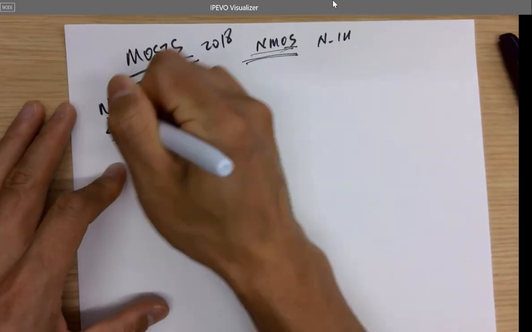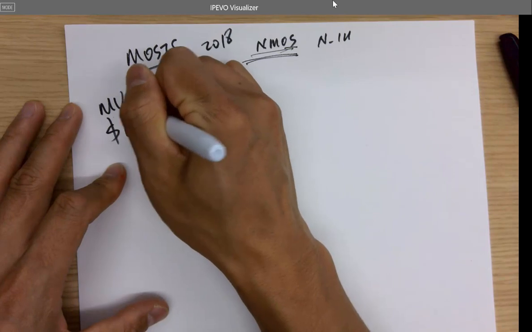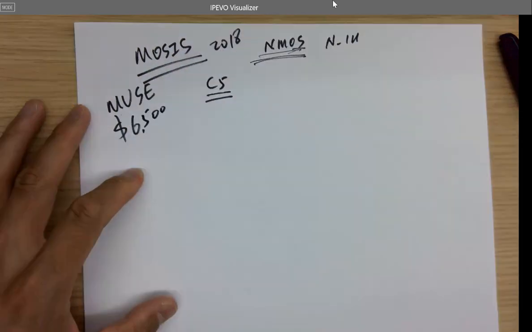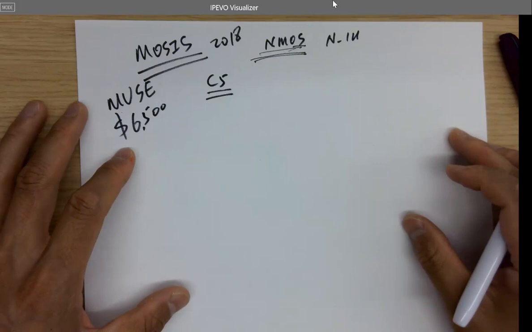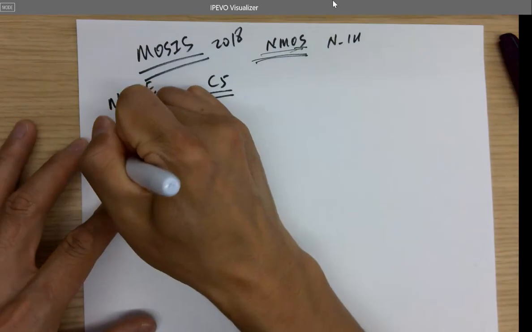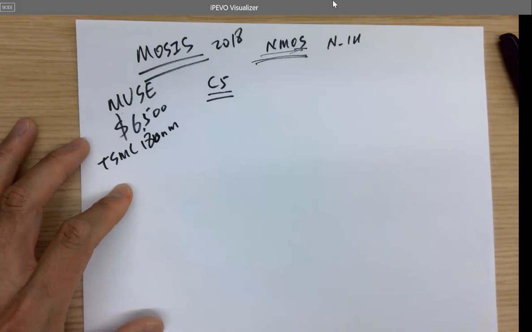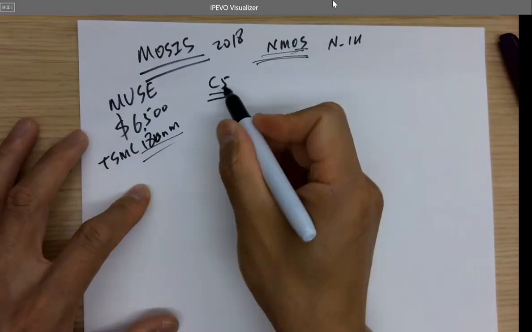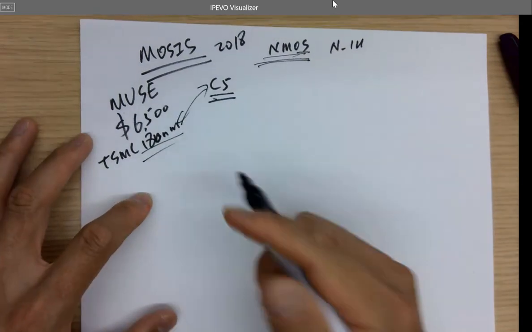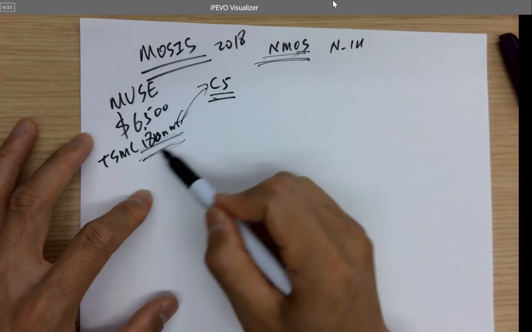About $6,500, I think, for one design, for the TSMC 180 nanometer technology. Smaller technology compared to this one, so it's more modern, but still sort of obsolete already.